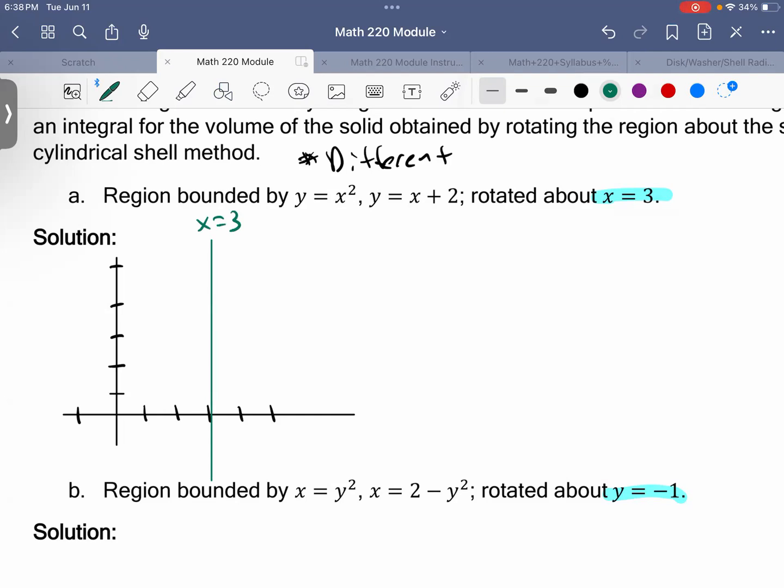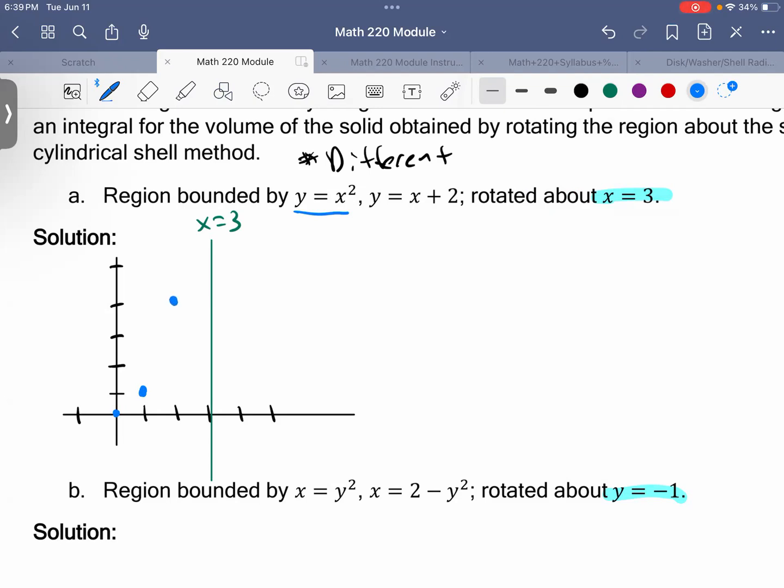And let's just draw our graph right now. So let's sketch x squared. A basic parabola: at 0, it's going to be 0. At 1, it'll be 1. At 2, it will be 4.